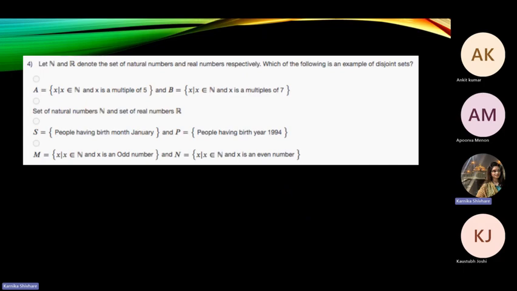Then it is the set of natural numbers N and the set of real numbers R. S is equal to people having birth month January, and P is equal to people having birth year 1994. M is equal to x such that x belongs to N and x is an odd number. And N is equal to x such that x belongs to N and x is an even number.